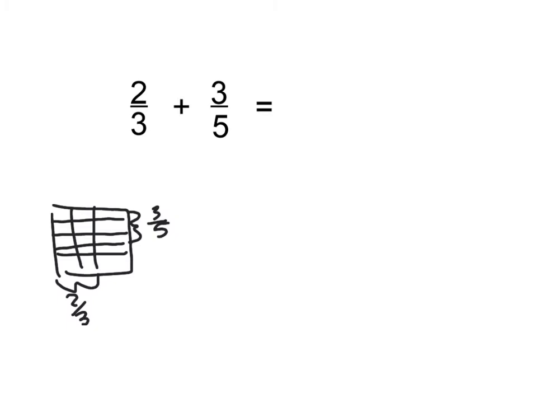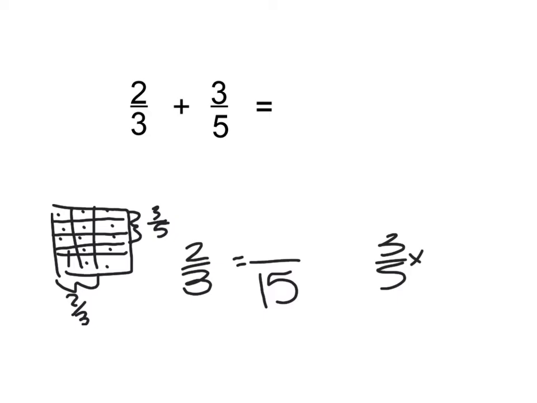Now 2/3 and 3/5 looks like their common denominator is what both of these would be. 1, 2, 3, 4, 5, 6, 7, 8, 9, 10, 11, 12, 13, 14, 15. So my denominator is going to be 15 for both.